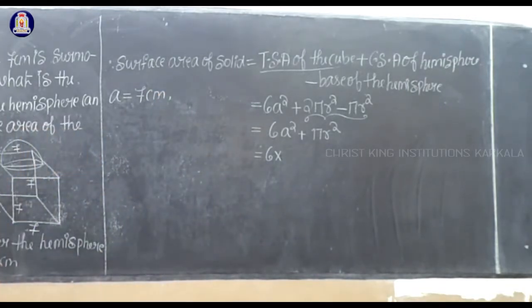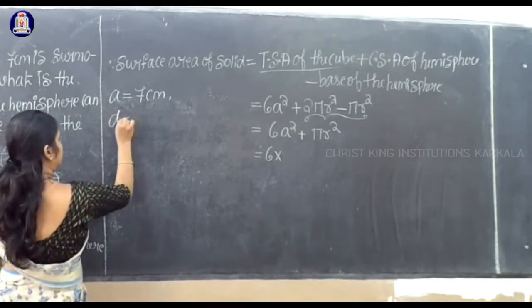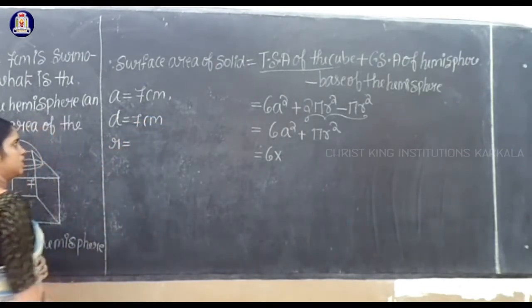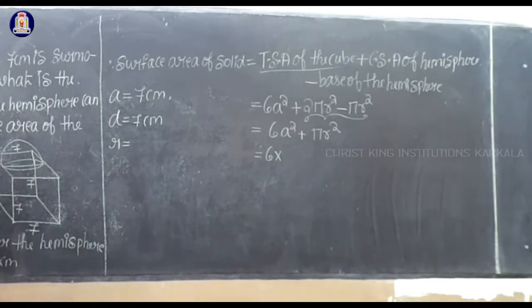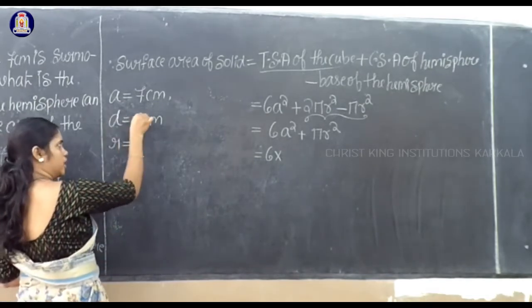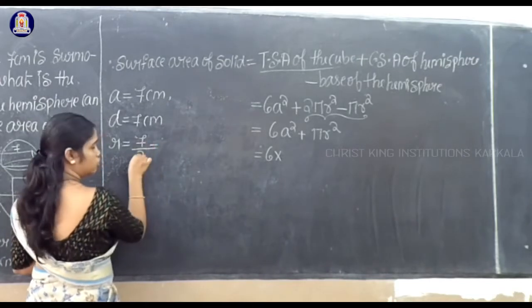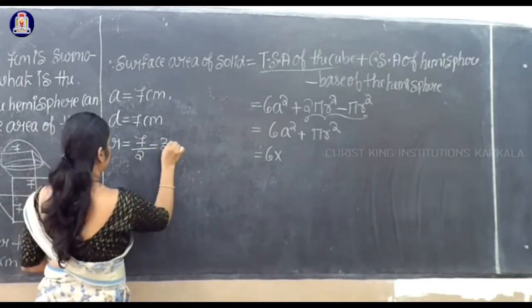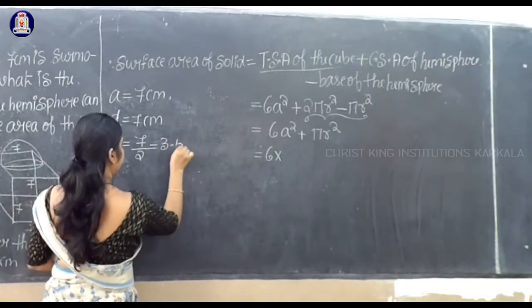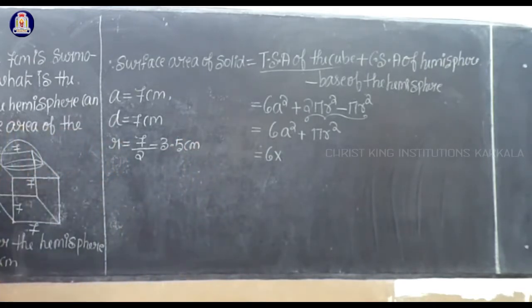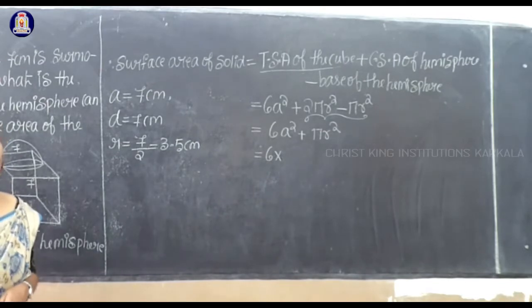Also given, the greatest diameter of the hemisphere is 7 centimeter, so d is also 7 centimeter. What is the value of the radius? Radius is half of the diameter, so 7 by 2, which is 3.5 centimeter. So the radius value is 3.5 centimeter.